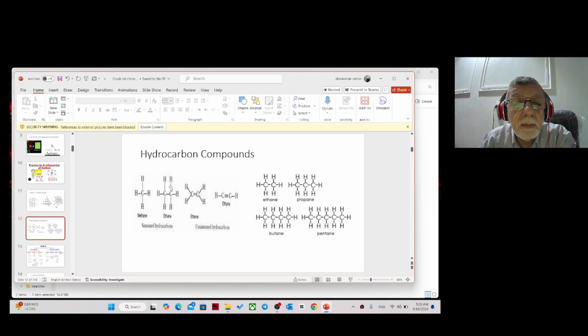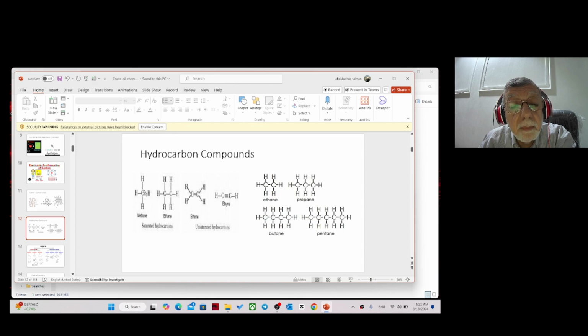This is a hydrocarbon compound, carbon and hydrogen. See, each carbon connects with hydrogen; there is an electron from here, and there is an electron from carbon, here from hydrogen and from carbon, also here from hydrogen and from carbon. Each two electrons fill one orbital and make a covalent bond.